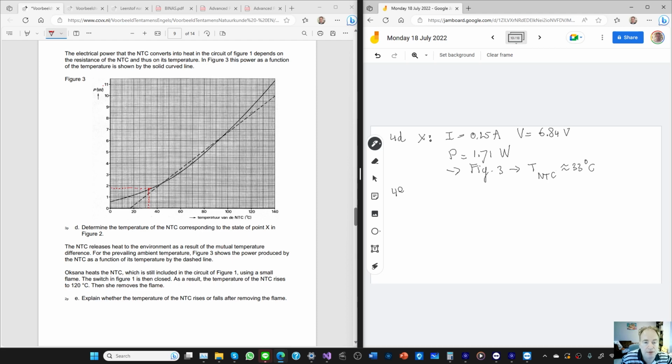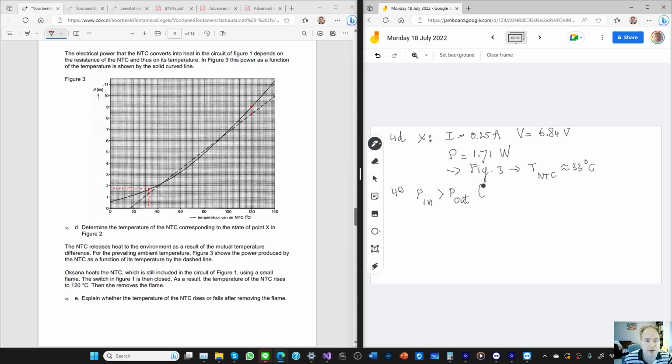Well, what happens at 120 C? So, the electrical heat generated is around 9 watts. But then what is dissipated out to the ambient is something lower. So as a matter of fact, there is a net. So the P in is larger than P out.